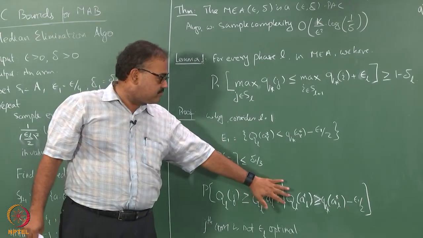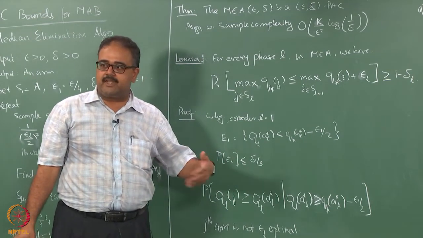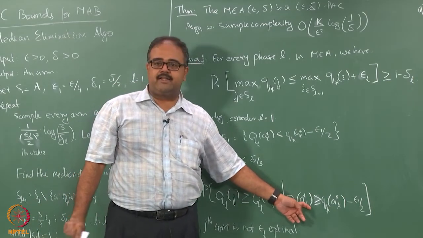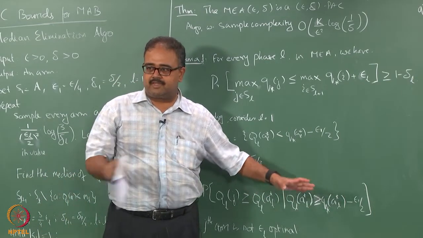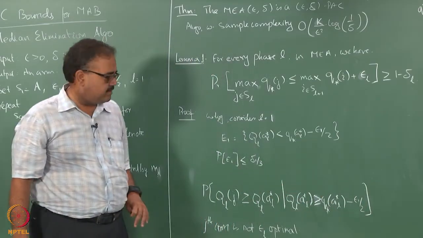Right. So I know that my current estimate in the Lth round, I am going to decide about eliminating in the Lth round, right. In the current round, I have not underestimated my A star L. Okay, so I am within epsilon L by 2 of the true A star value, right.